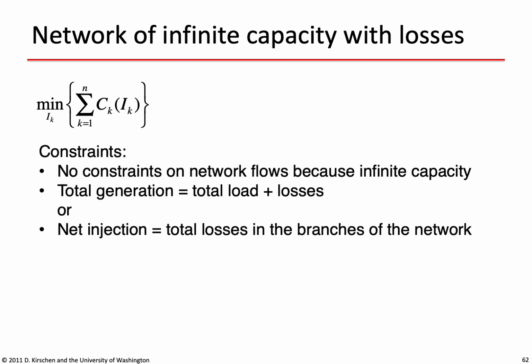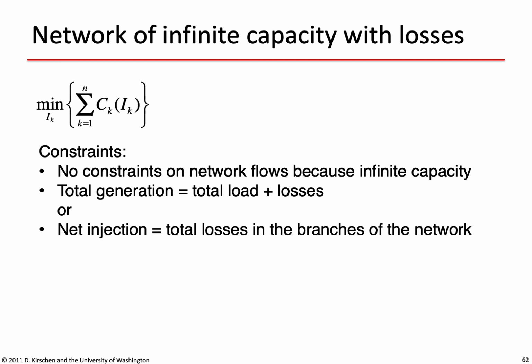What about our constraints? Well, we have assumed that we don't have network congestion because we have assumed a network of infinite capacity. So what we have to impose as a constraint is that the total generation should be equal to the total load plus the losses. Or more specifically, that the net injections are equal to the total losses in the branches of the network, because the rest of the injections match the generation and the load.